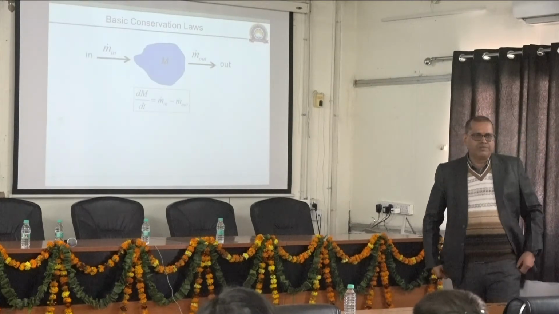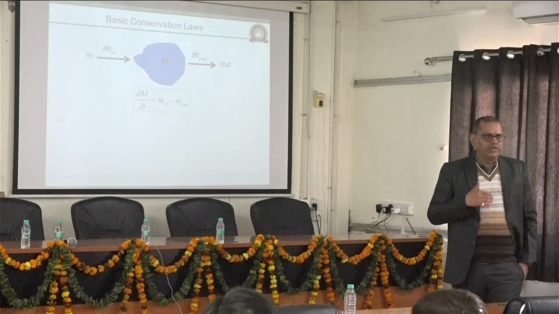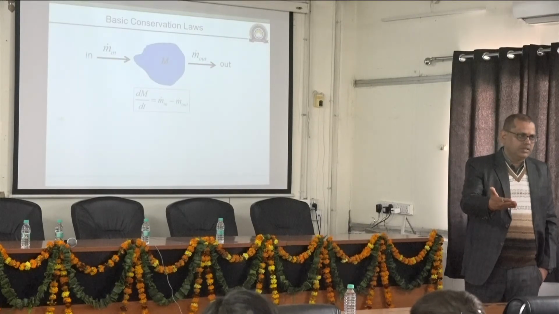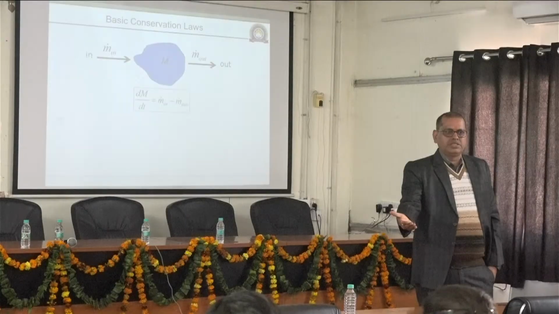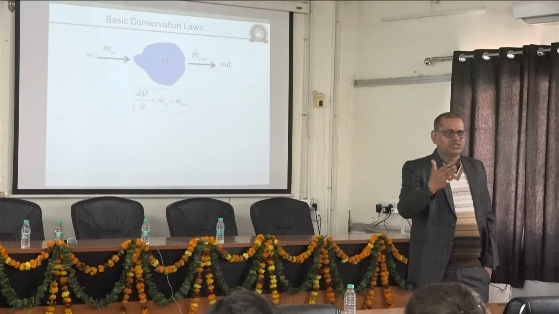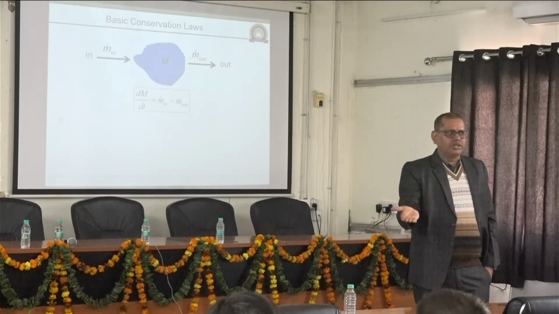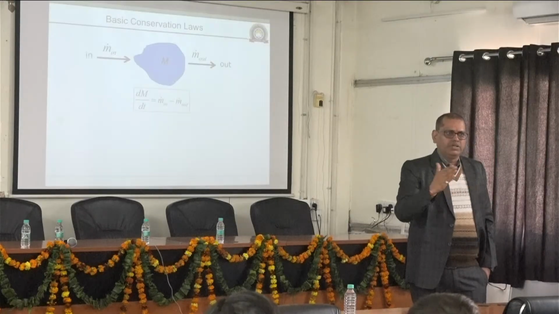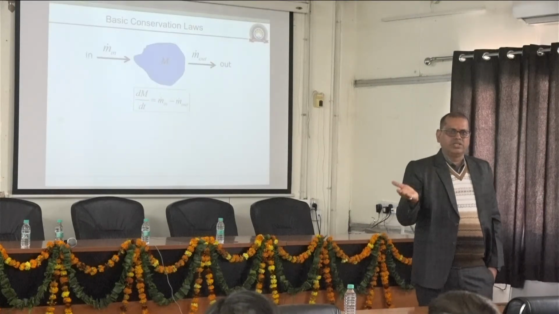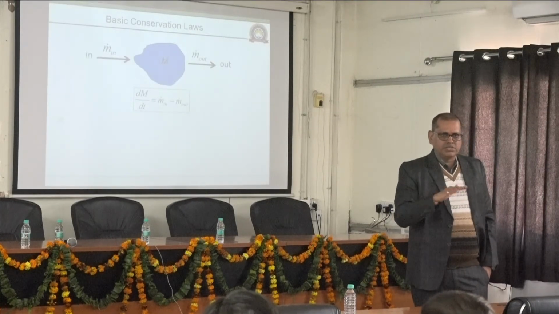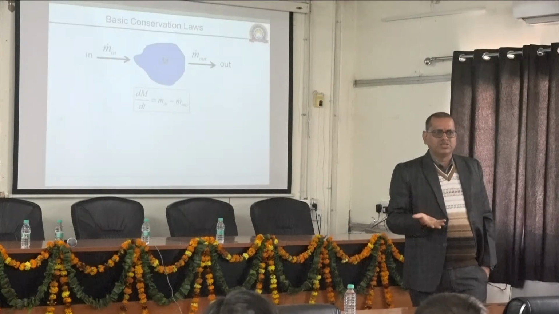You can see that whatever input we are giving to the machine, and the same output we are receiving from the machine, if there is no change, the amount of input and the amount of output will remain the same. That means the change is zero. And when change is zero, that means it is the conservation.